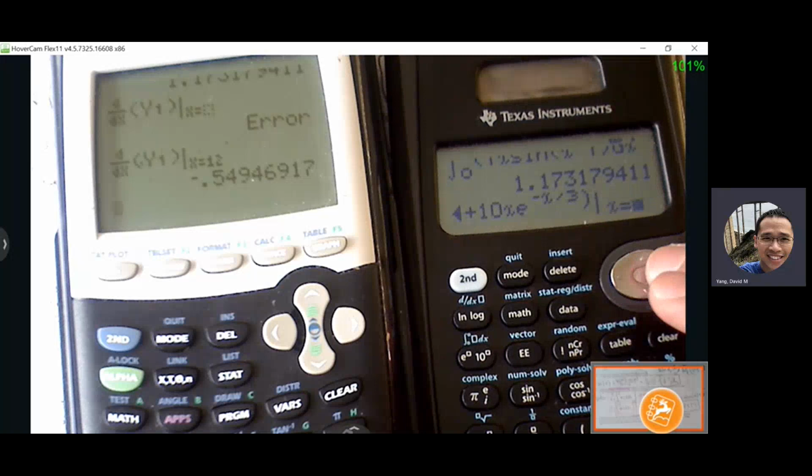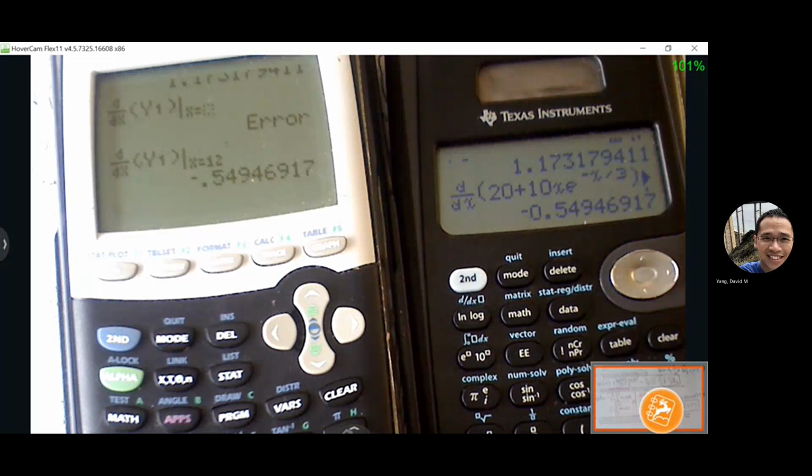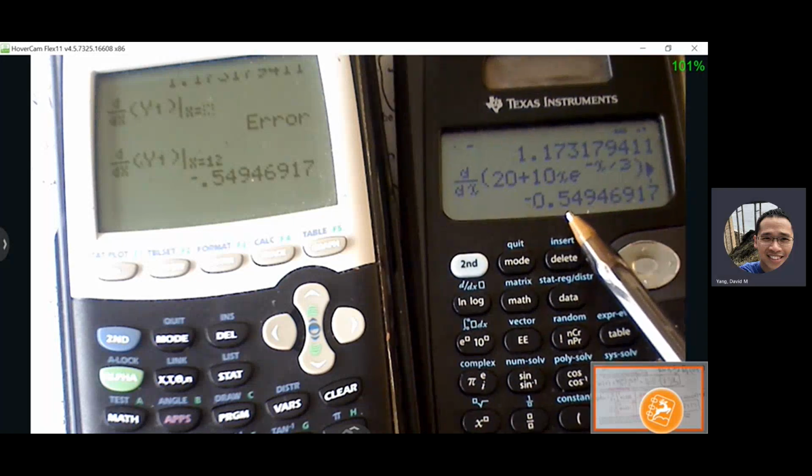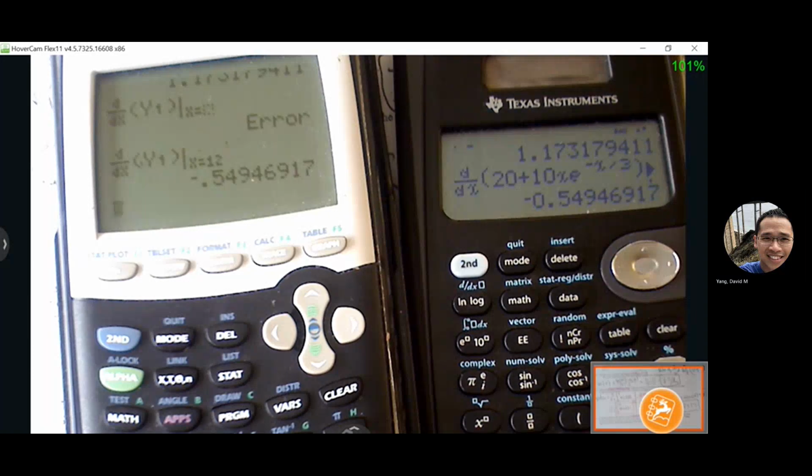Specify the location: you want to figure out the rate of change on the 12th day. Okay, so what does this number tell us? That on the 12th day, temperature is decreasing at around half a degree Celsius per day.